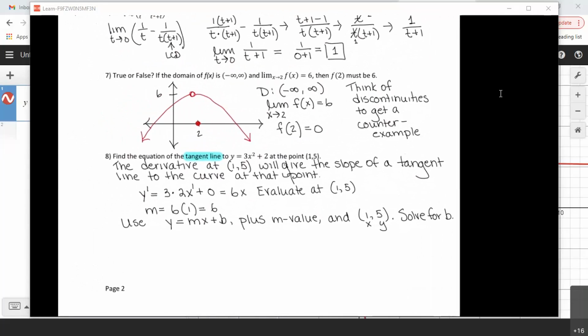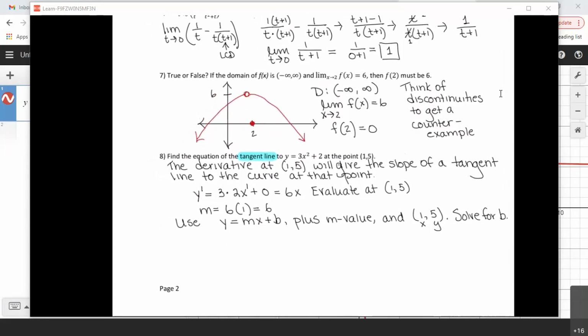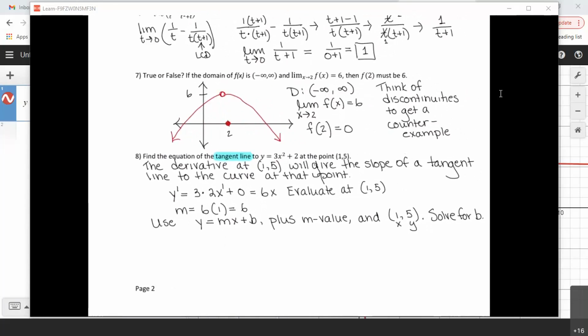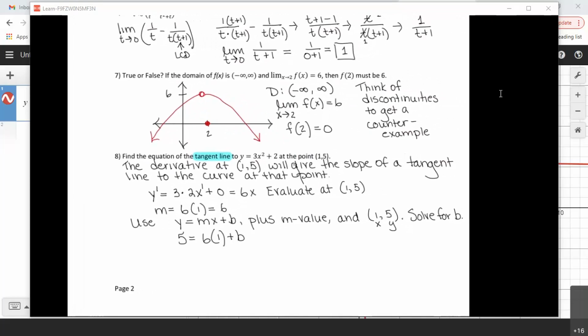So I have y equals 6... well, actually, I have to put my y value in, don't I? My y value is 5. So 5 equals 6 times 1 plus b. I'm basically taking the point (1, 5) and plugging it in for x and y. Then I'm going to subtract 6 from both sides to get negative 1 equals b.